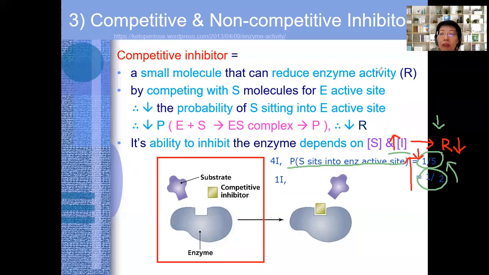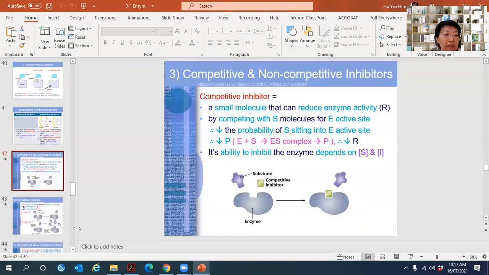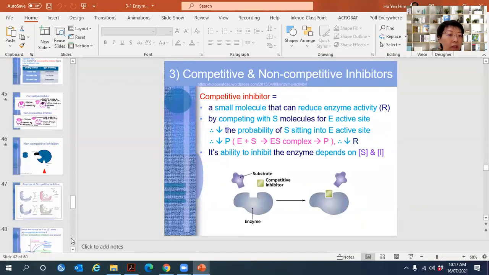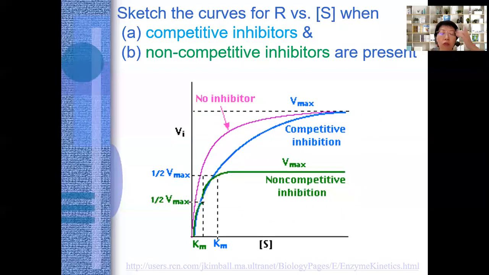Okay, so with that, are you able to show me on the graph? The graph that I showed you yesterday, yeah? I hope you have drawn the graph into your notes here. So if I use this graph to illustrate, say for example, this one here, I have got 1 inhibitor per unit volume.